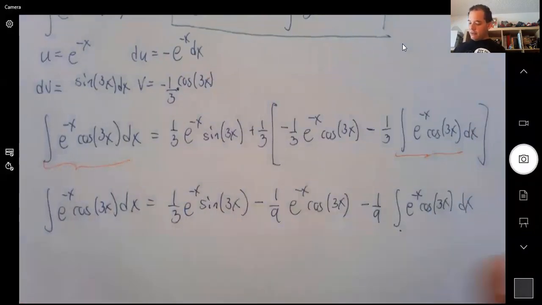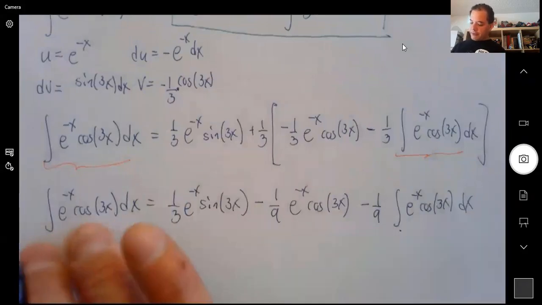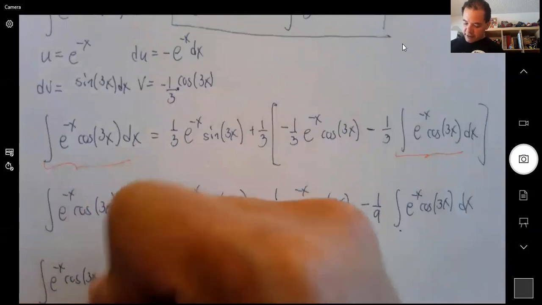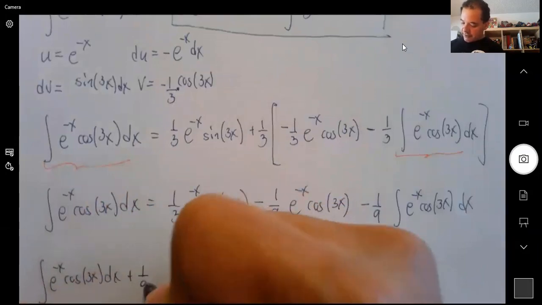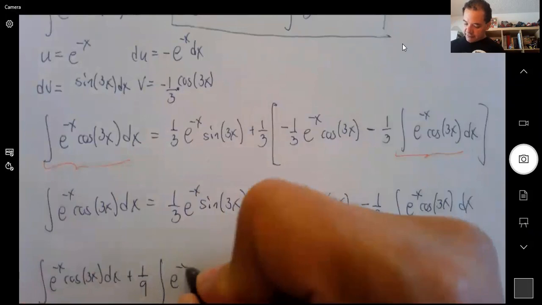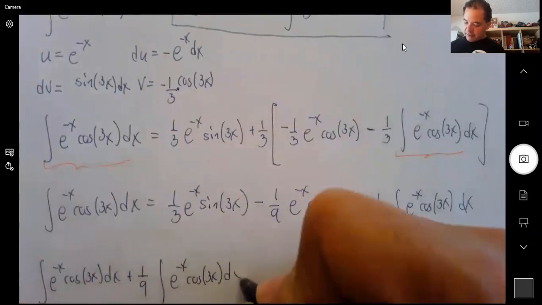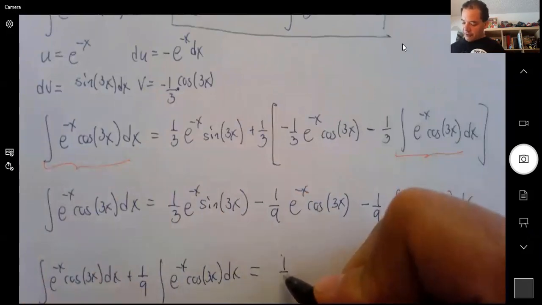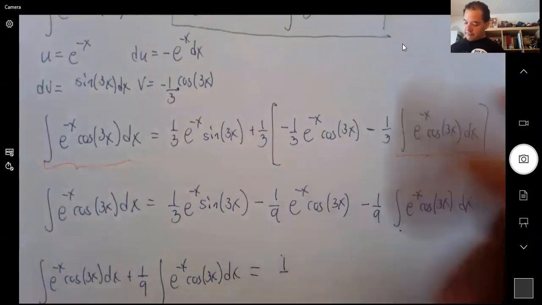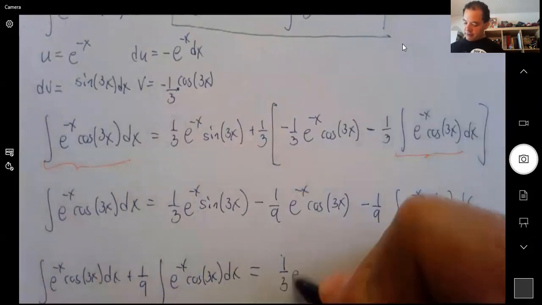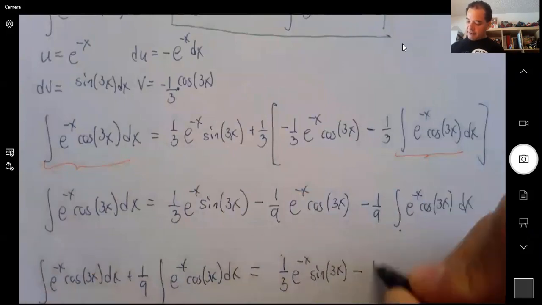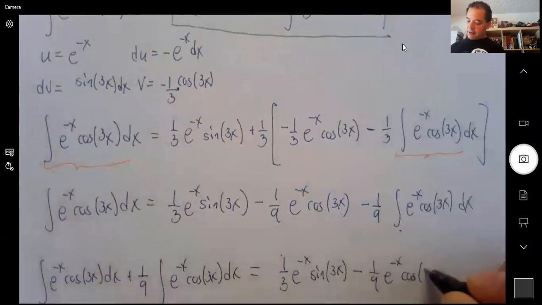Right? Then you add this term to both sides of the equation so that it appears now on that side. So it's e to the negative x cosine 3x dx plus 1/9 e to the negative x cosine 3x dx. So the same integral, that's the important thing. And on the right hand side, that's just 1/3 e to the negative x sine 3x minus 1/9 cosine 3x.